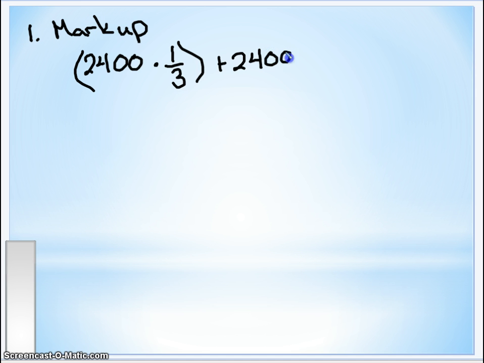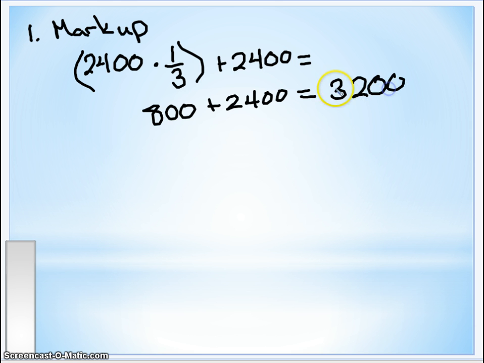So first it's marked up, which we know $2,400 times the 1/3 that it is marked up, and we take that and add it back to the $2,400. So when we do that, we will have 800 plus 2,400. So the price that they showed you was $3,200.